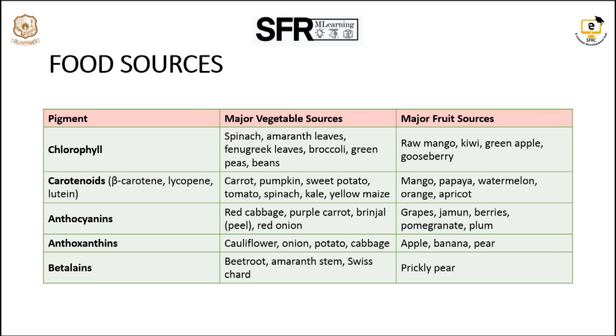Cauliflower, onion, potato, and cabbage, which are colorless vegetables with color ranging from pale white to light yellowish, contain anthoxanthins. Apple, banana, and pear also contain anthoxanthins. The betalains are present mainly in beetroot, amaranth stem, and Swiss chard, and also in prickly pear. Its food sources are very limited, as we have discussed earlier.